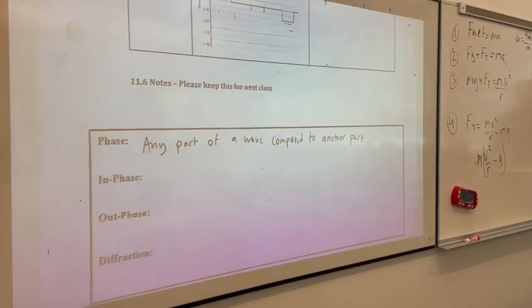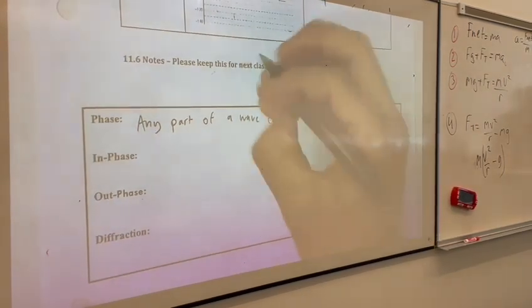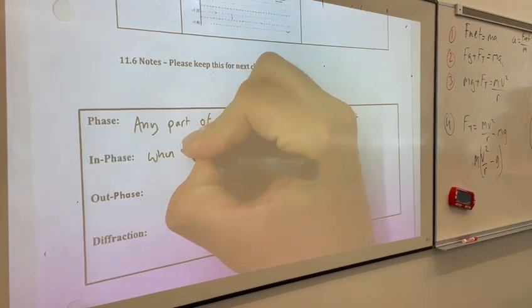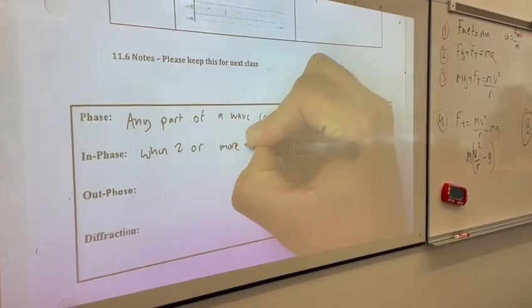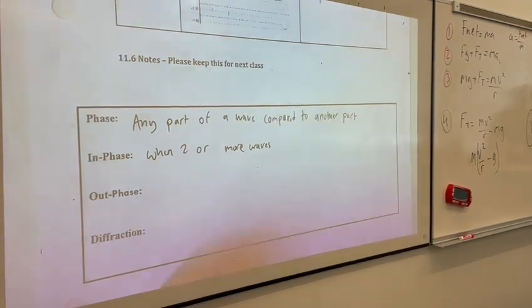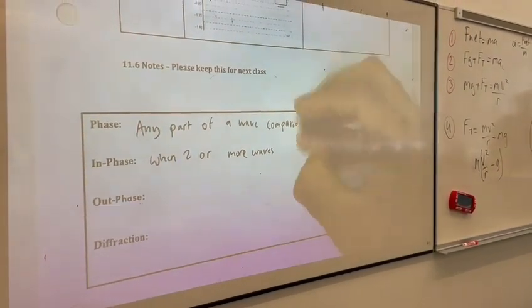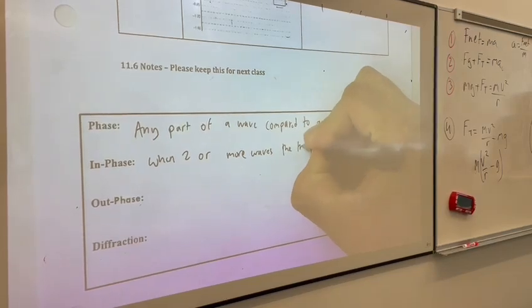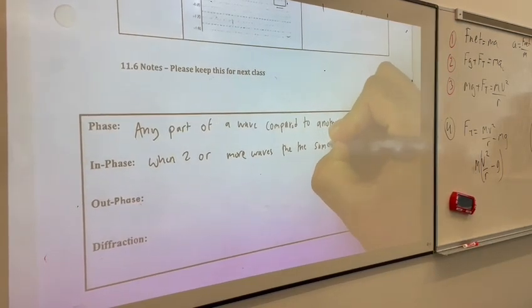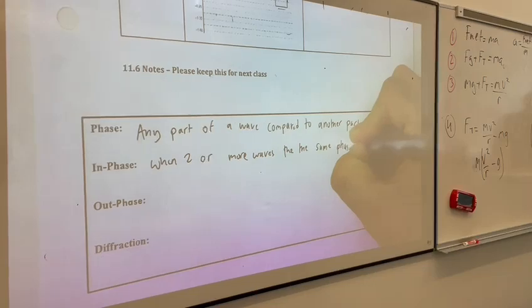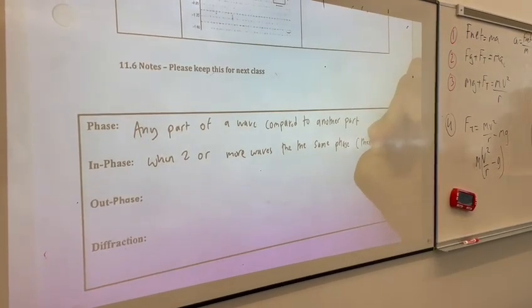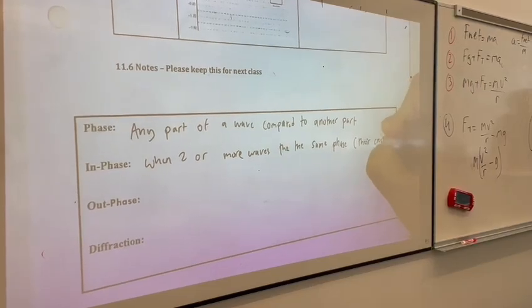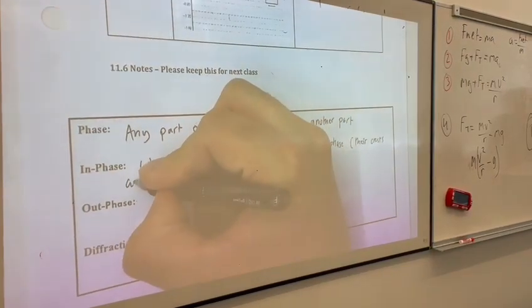When we say that waves are in phase, what that means is when two or more waves have the same phase, which means their crests and troughs line up.